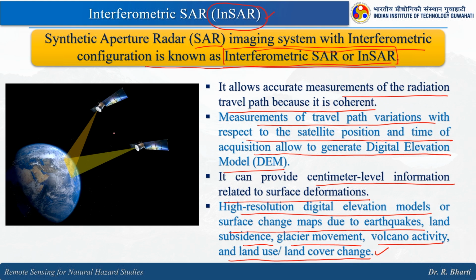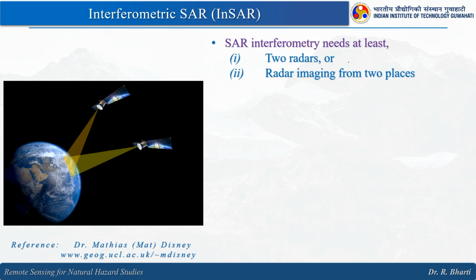So, here you can see that this has the interferometric configuration. Basically, you have two sensors looking at the same area and generating the microwave images. SAR interferometry needs at least two radar images from two different places.